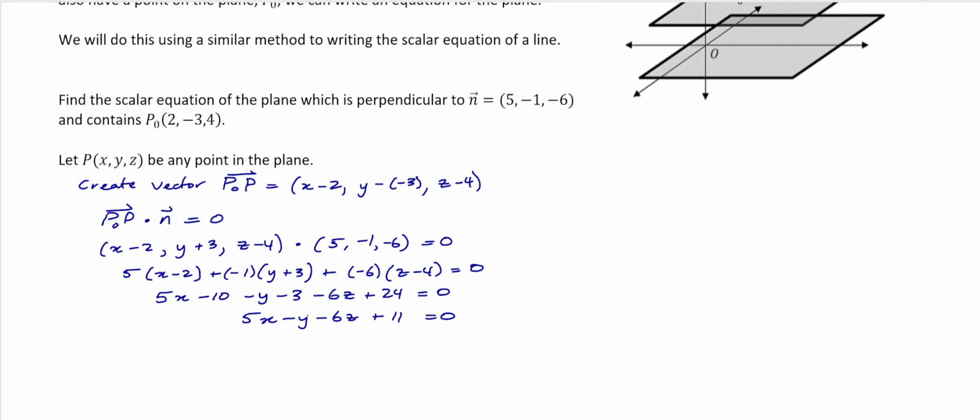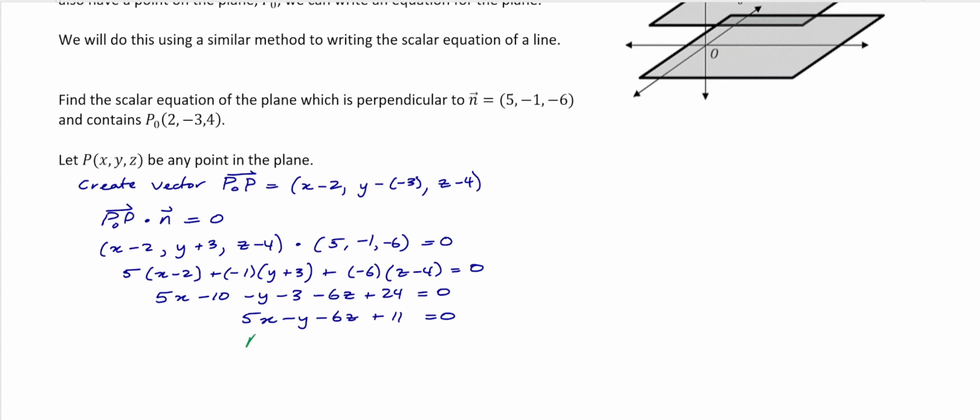I use this equation as a scalar equation, and we call it a scalar equation because there are no vectors involved. We've gone from using vectors, the vector on the plane dot product with the normal vector to the plane, and now we've created an equation without any vectors, and that is the scalar equation of the plane.